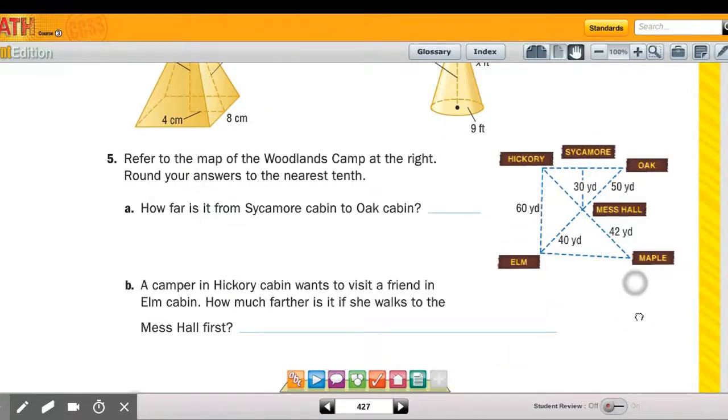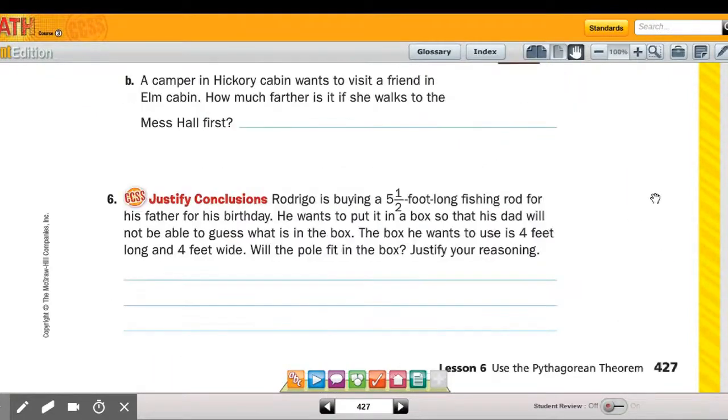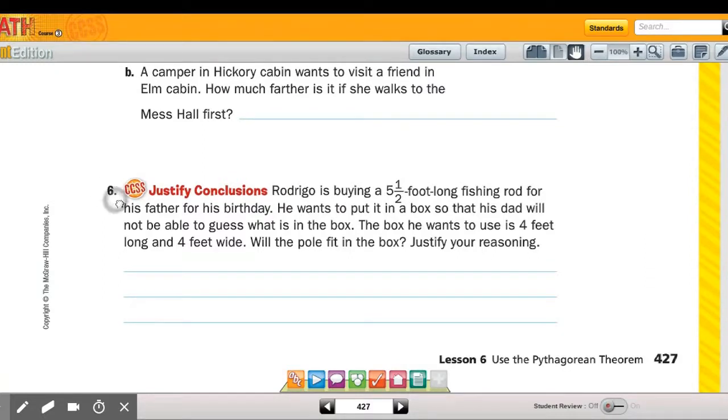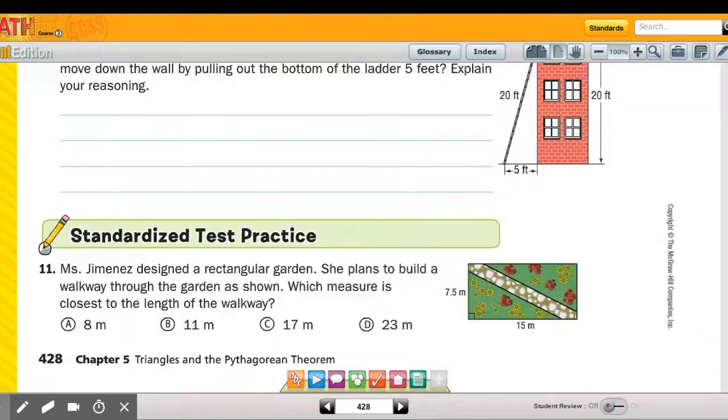So everything you do, you should be looking to see how they are using the Pythagorean theorem. You should be drawing pictures. Like when I look at this one here and I don't see a picture, I'd be drawing a picture. Let me take a look and see if there's anything really weird on this page.